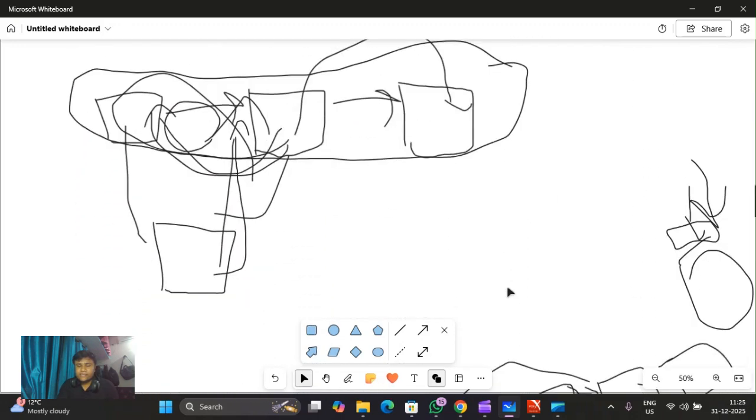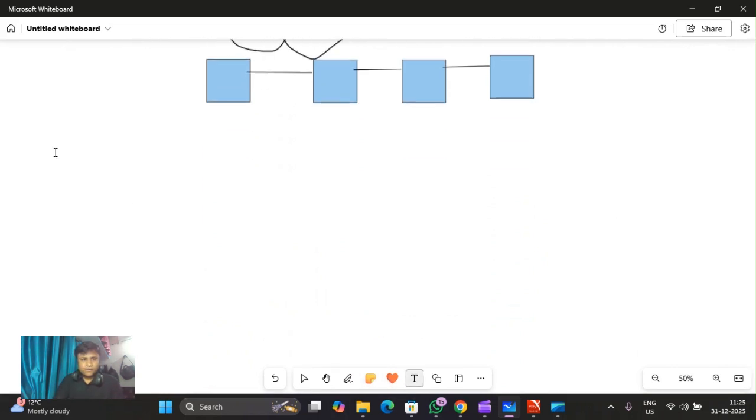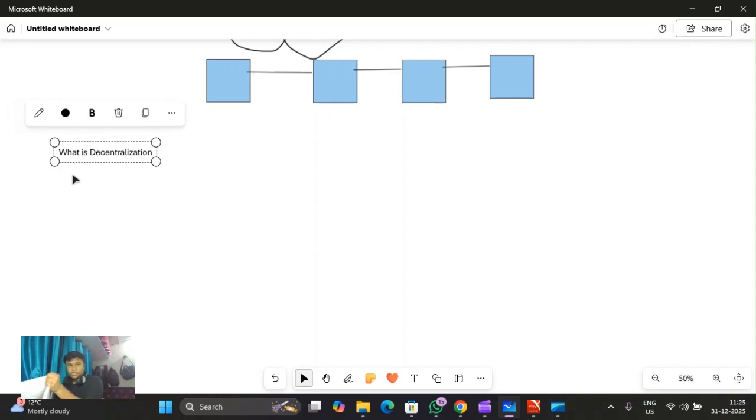What is decentralized? Decentralization. So we first see the definition, and then we will discuss it. What is decentralized?